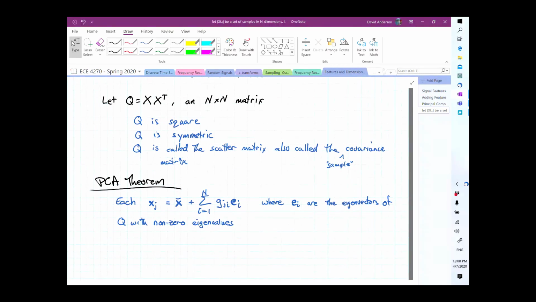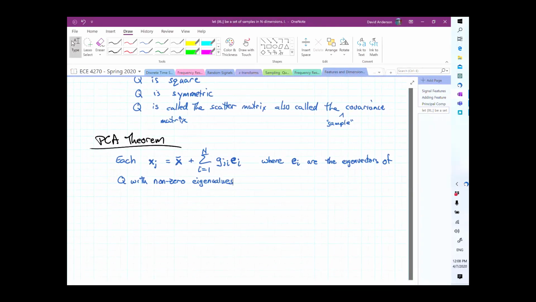And so it would make sense that we could write any vector in that space as a linear combination of those. So that's not a surprise, but it's what we do with those that really matters.